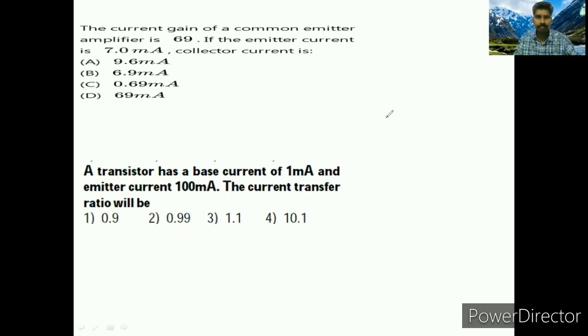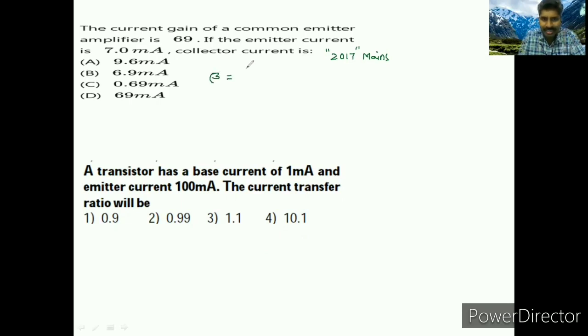Here is the 2017 mains question. The current gain of a common emitter amplifier, so common emitter means beta value they give.